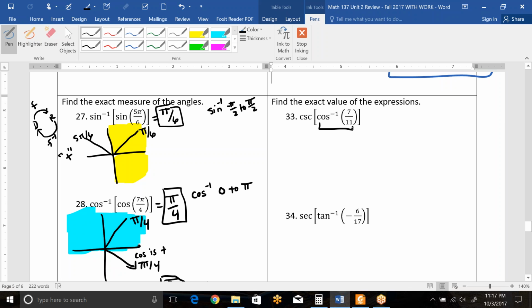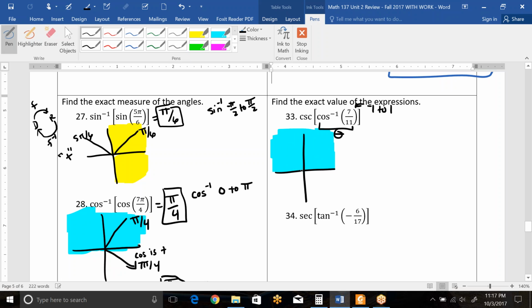So this says cosine inverse of 7 over 11. So if we draw that picture, this is going to help us locate our theta. Again, this has to be between negative 1 to 1 to be able to do cosine or sine inverse inside. So that's good because that's less than 1 and greater than negative 1. Cosine, remember, is in quads 1 and 2 for the inverse function.